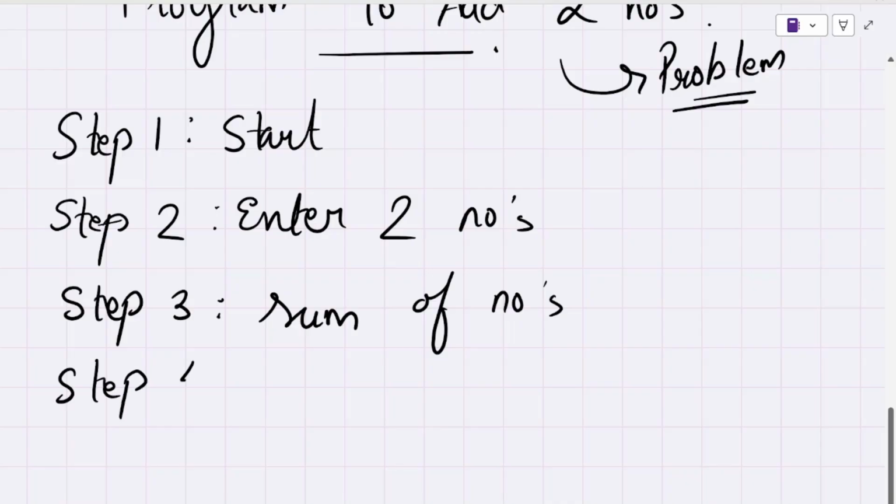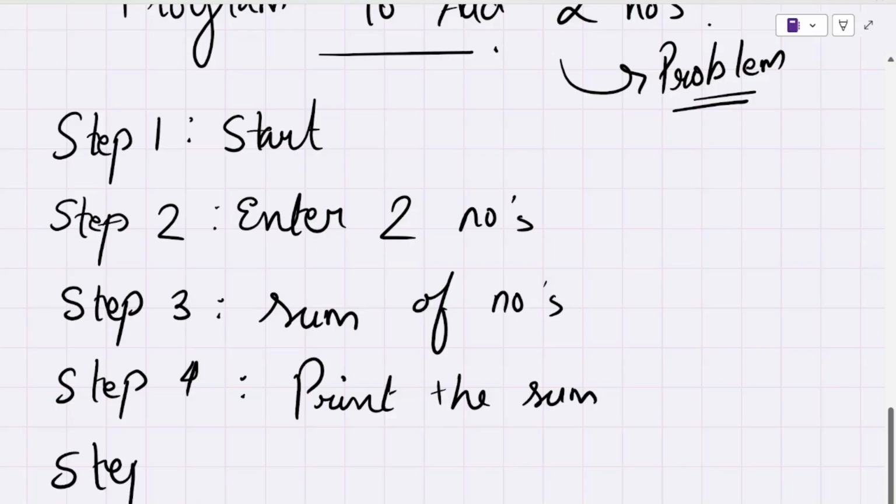So, step 4 is display the sum or print the sum. Now, I got the output. We do not know if the algorithm is over or not yet, so as step 5, I have to inform that my algorithm is over. So, stop. These are the 5 steps to write the program for adding two numbers.